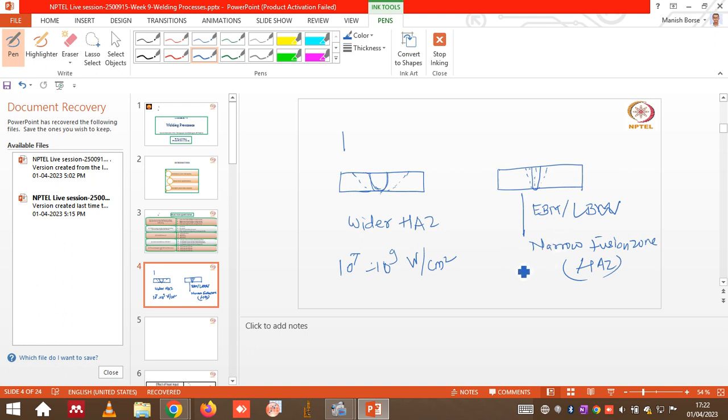And in the case of high energy or power density processes, the values are around 10 raised to 10 to 10 raised to 13 watt per centimeter square.